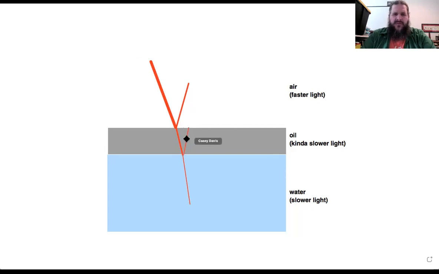But let's just assume for the moment that all of it gets through, because what we really care about is the light that actually reaches the observer's eyes. So let's say the light reaches the eyes of some observer. Let's say you are standing up here looking at this light from above. So here's you standing up here. Let's say this is the eye.